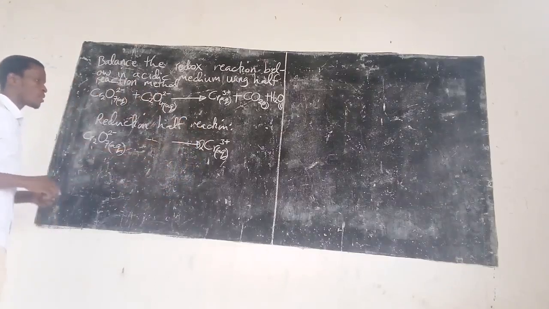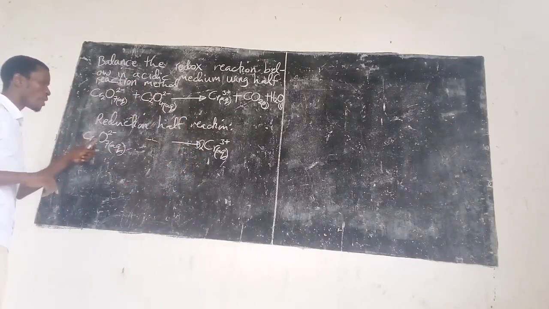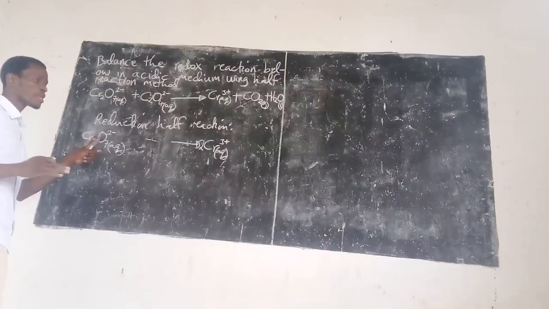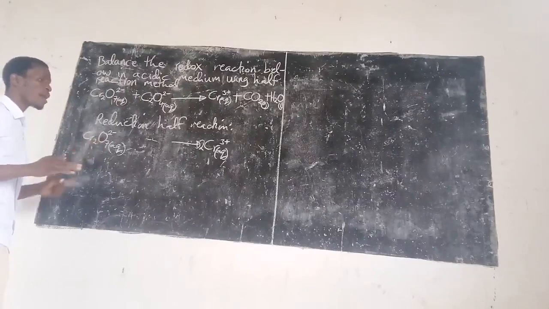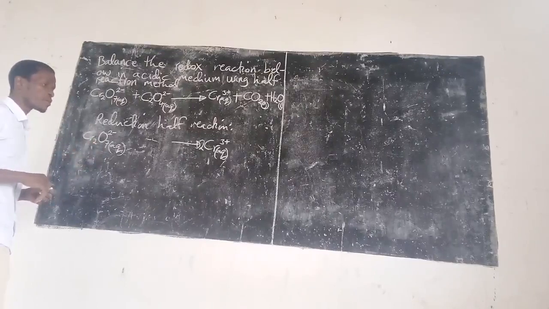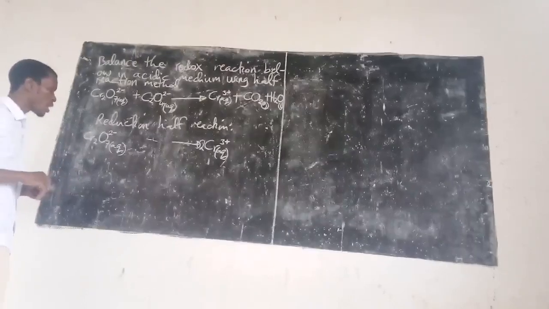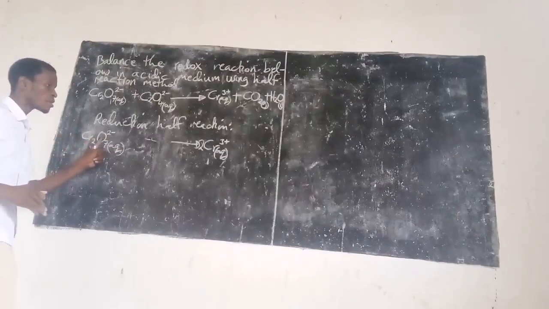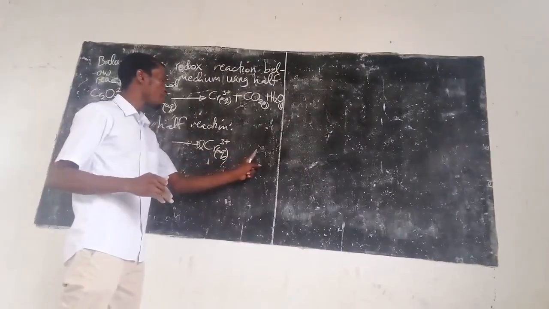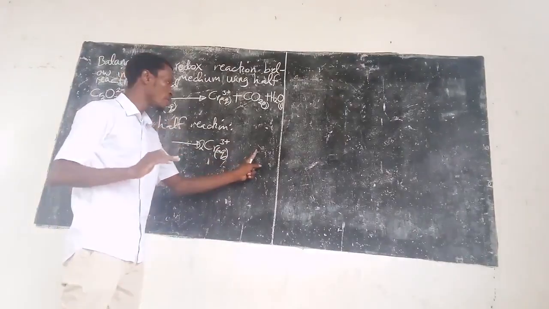Then the next step is to balance the number of oxygen atoms. The number of oxygen atoms is balanced by adding the proper number of water molecules to the side where there are no oxygen atoms or fewer oxygen atoms. On the reactant side, there are 7 oxygen atoms, but on the product side there are none.